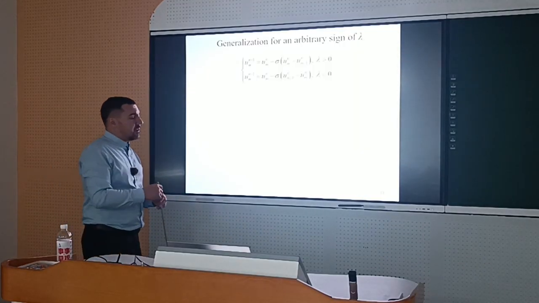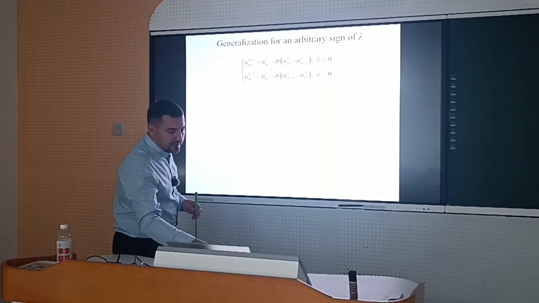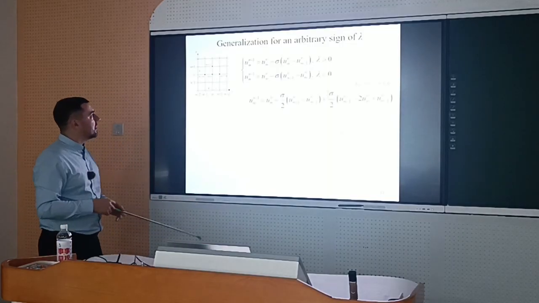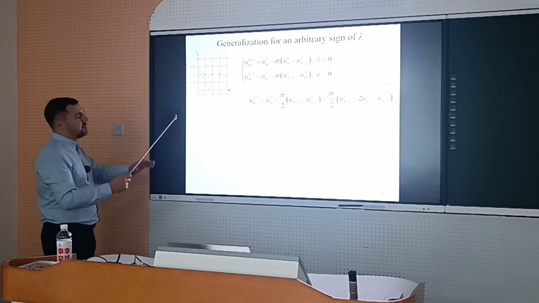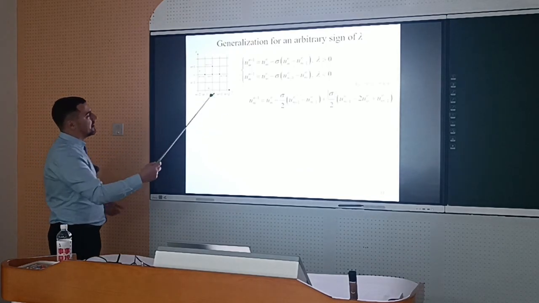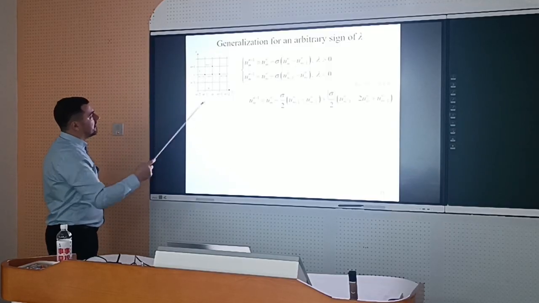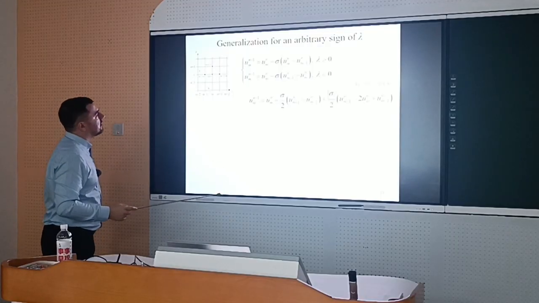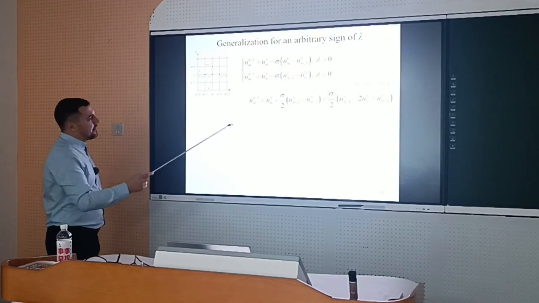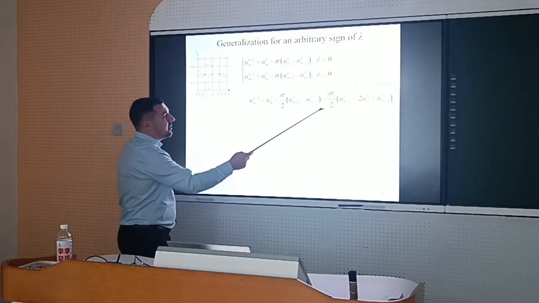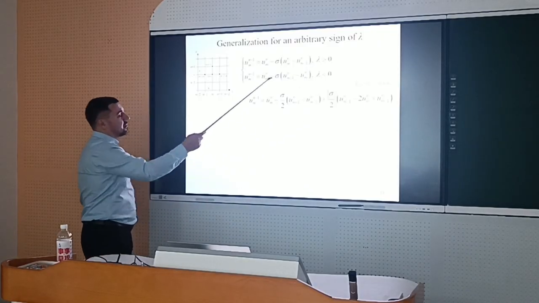It's possible to generalize these two schemes into one in the following manner. You can check it. Suppose we have just one notation for both schemes. Now we have this big four-point stencil, and you can check that this formula is the generalization for these two.